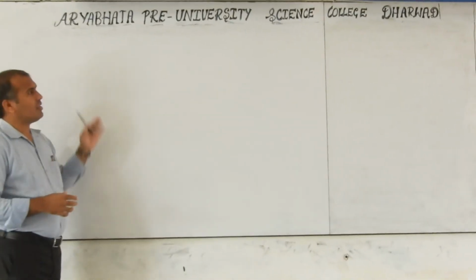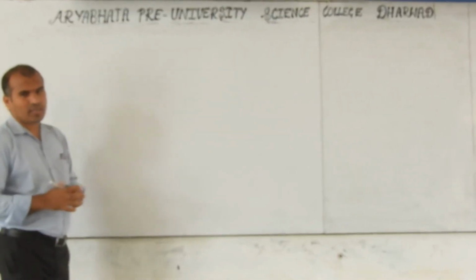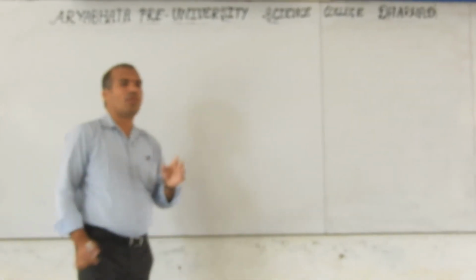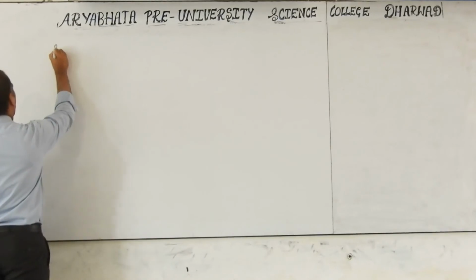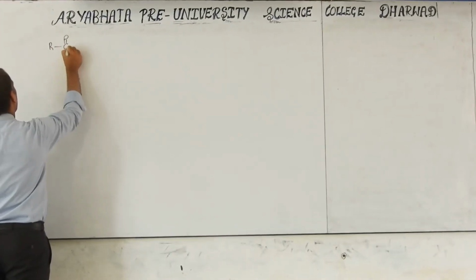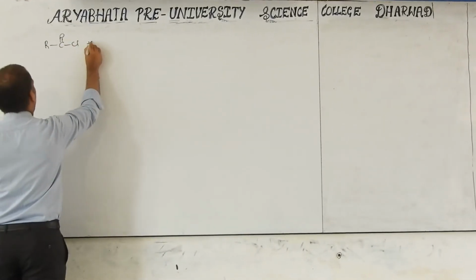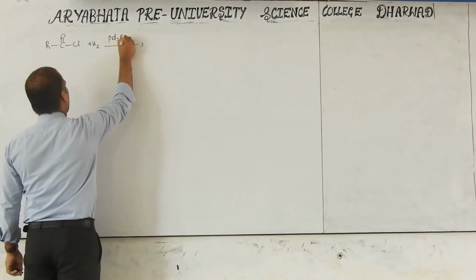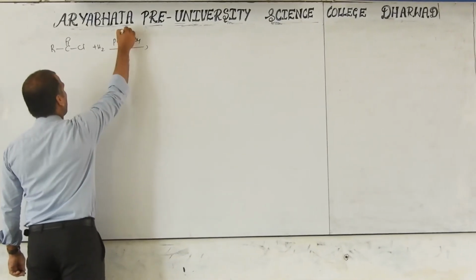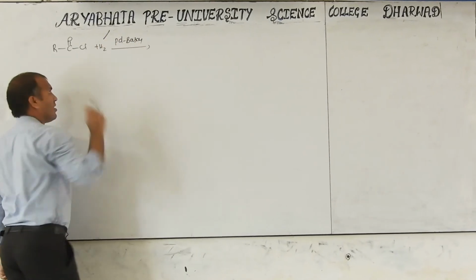Now, according to this reaction, Rosenmund reduction, acid chlorides are converted into aldehyde. If you take here RC double bond OCl, H2 in palladium barium sulfate, like this also we will write. Instead of this line, we write like this also.